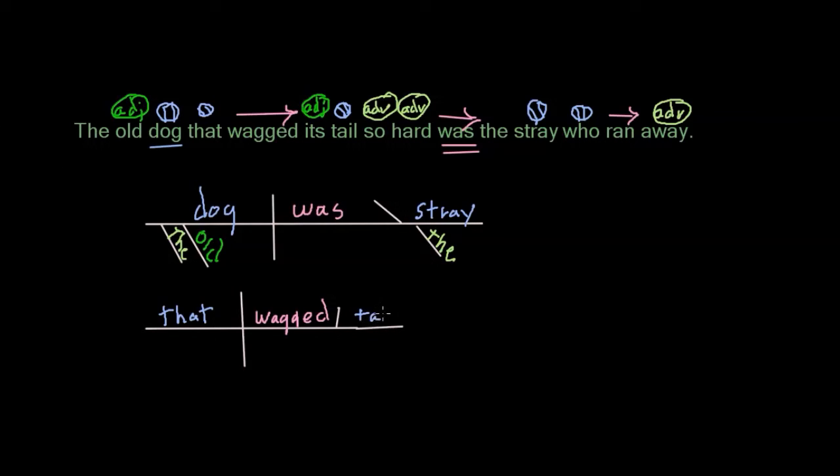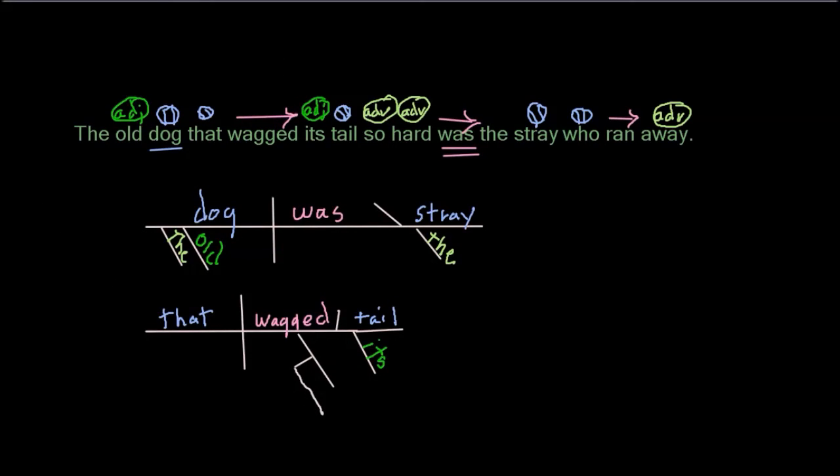Wagged what? Wagged tail. And tail is being modified by the possessive pronoun its. And we have two adverbs modifying wagged, telling us to what extent. The tail was wagged how? It was wagged hard. How hard? So hard.